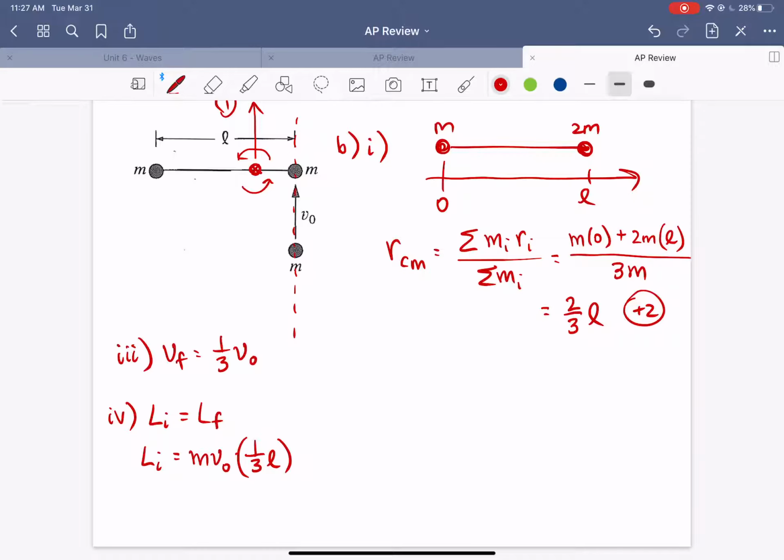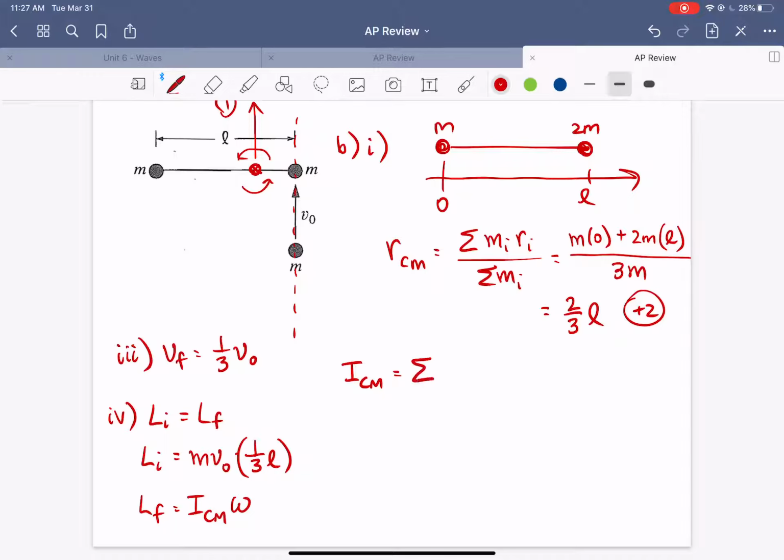The final angular momentum, now we're going to have a rotating object. So that is going to be the moment of inertia times omega. Okay, so how do we find this? First, we have to find the moment of inertia of this thing around the center of mass.